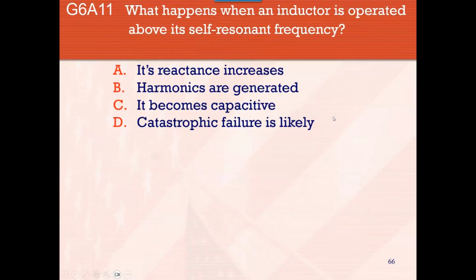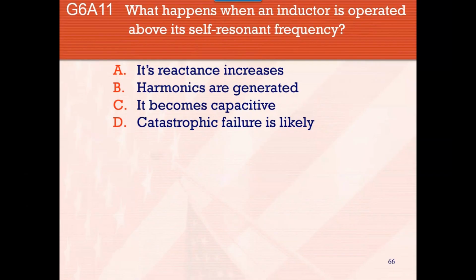What happens when an inductor is operated above its self-resonant frequency? Okay, what that's saying is, if I keep raising a frequency across an inductor, I can hit a point at which, once it passes its resonance, once it's done all it can do, basically, it becomes capacitive.